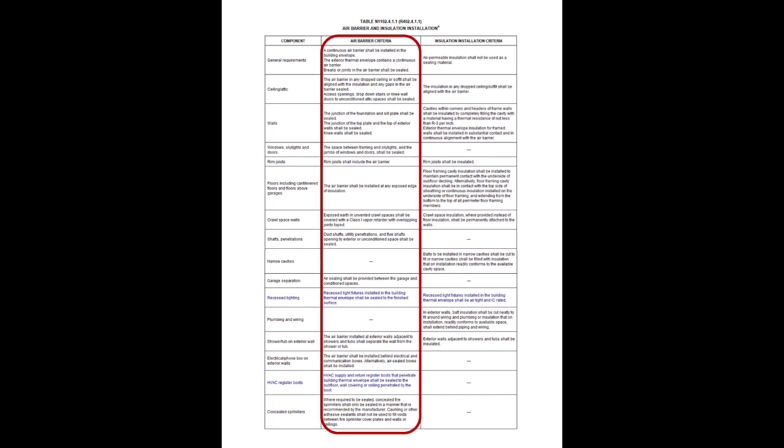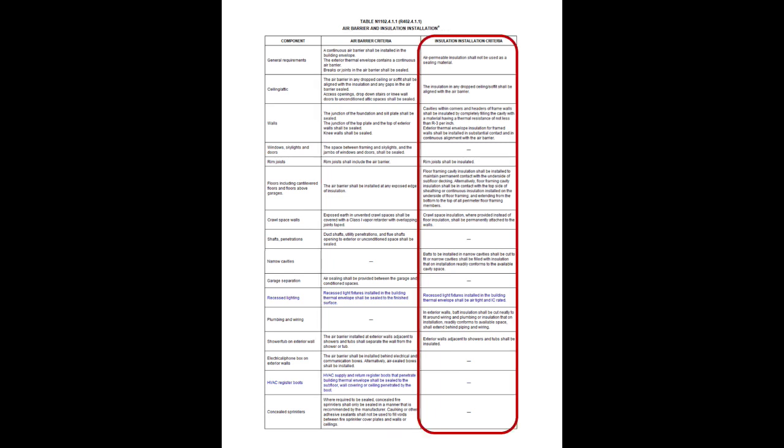The second is the air barrier criteria. Through each component, it then tells you where the location of the air barrier is required.